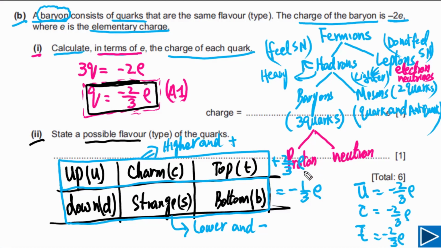Now for this question, you can say anti-up quark, you can also say anti-charm quark, you can say anti-top quark. So you can mention any one of them, you will get 1 mark, and that mark is the B mark.